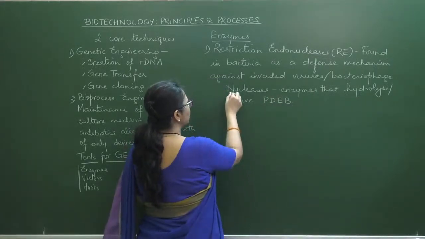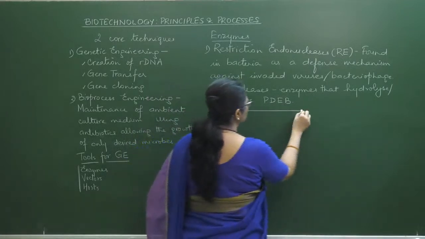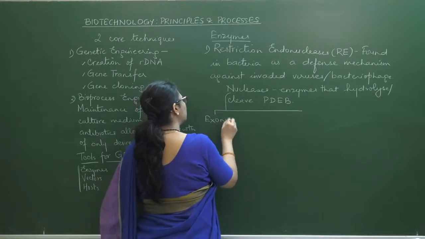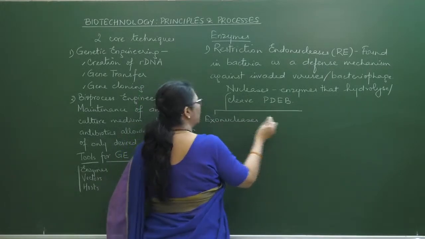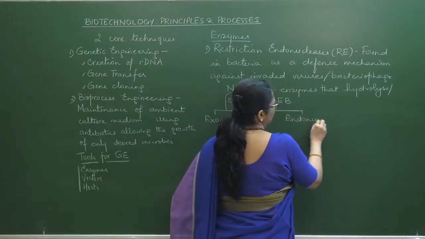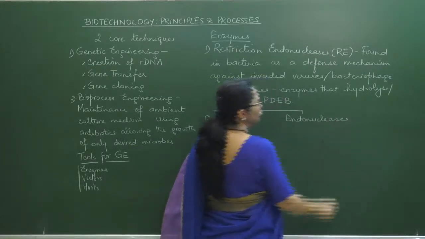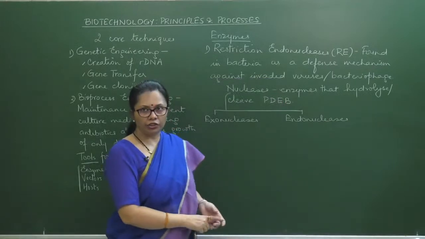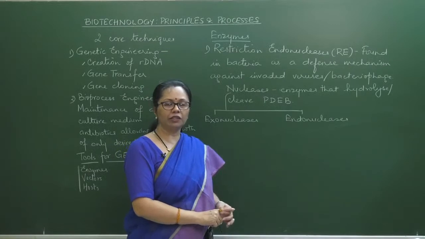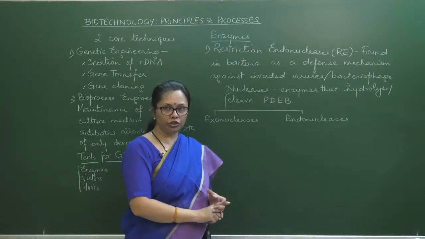Now these nucleases are of two types. One is exonucleases and the other is endonucleases. So in digestion, if you remember, protein digesting enzymes, the proteases, I had also classified as endopeptidases and exopeptidases. Same terminology here also.